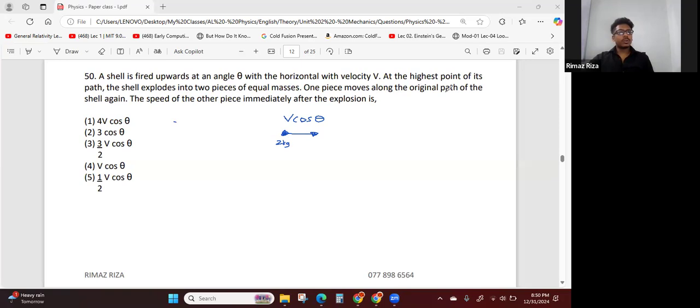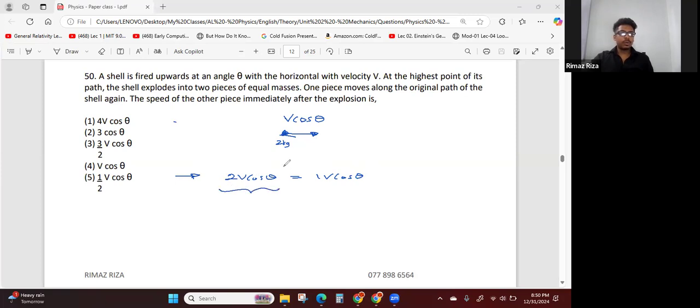One piece moves along the original path of the shell again. Okay, so that means, initially, 2v cos theta is equal to 1 into v cos theta and then the other one. I'm considering this direction.